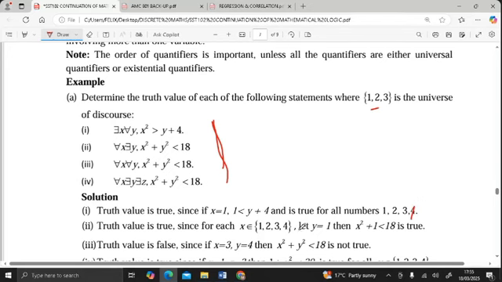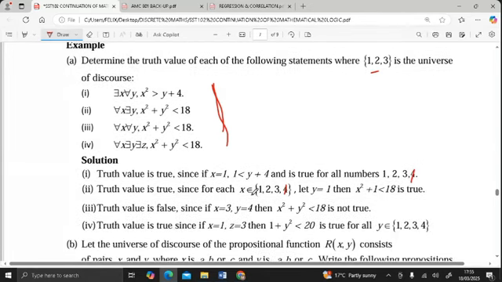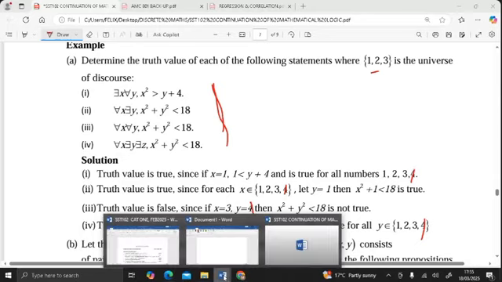Now, there is something small here, and I need to make some corrections. There are some errors as far as this is concerned. I may have to send an improved version. Kindly allow me to do this.